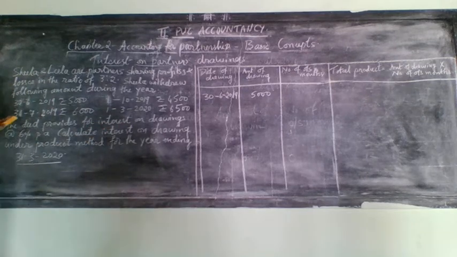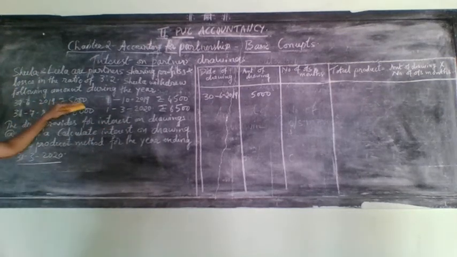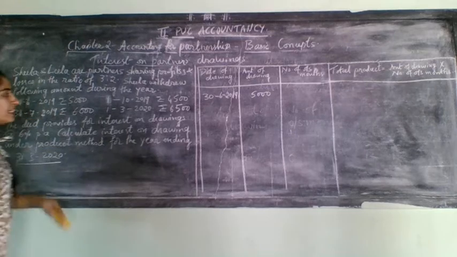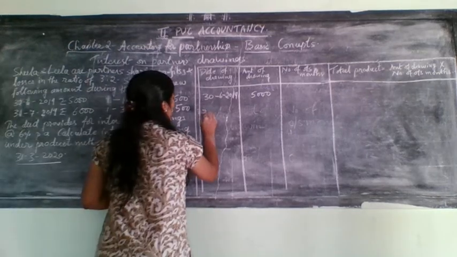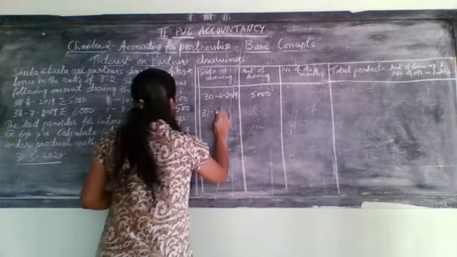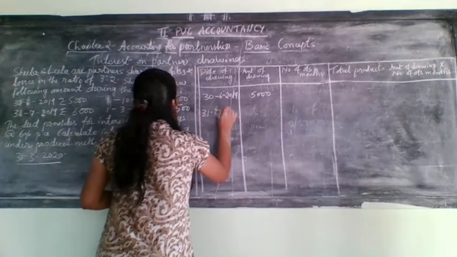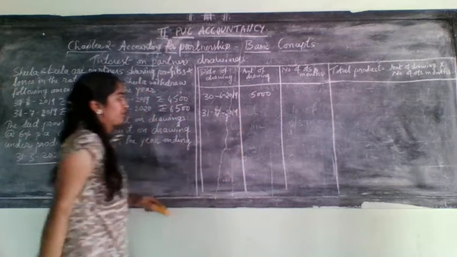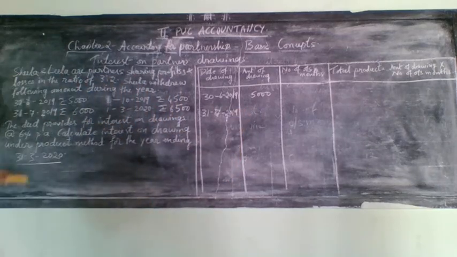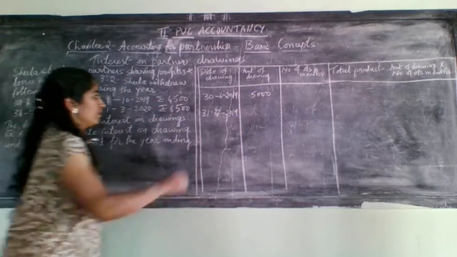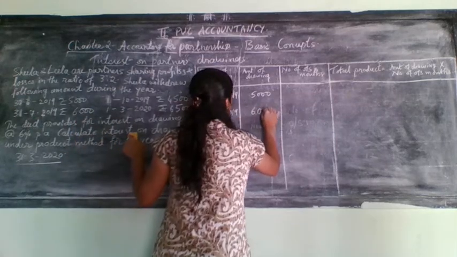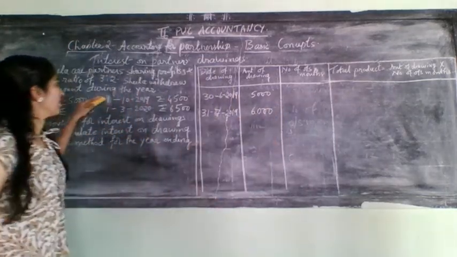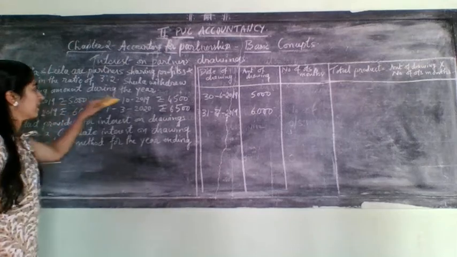Okay. Now 30th/6/2019, it is 5,000. After that, the next one is 31st/7/2019. It is 6,000. Next date is 1/10. After 7, 10 will come.